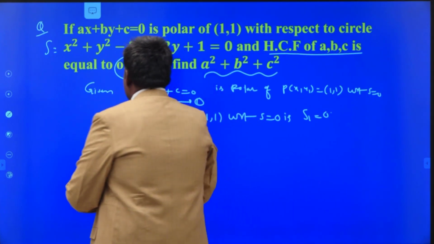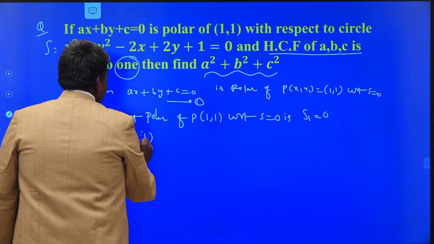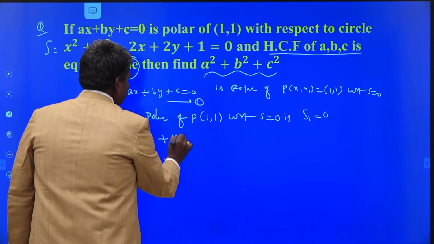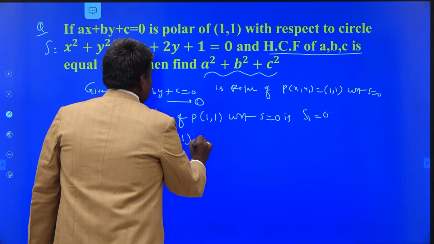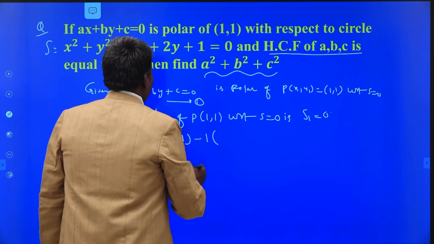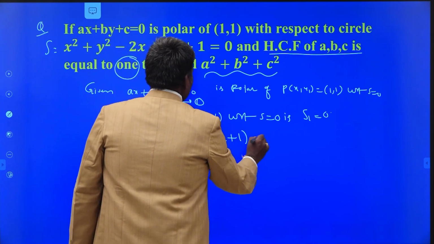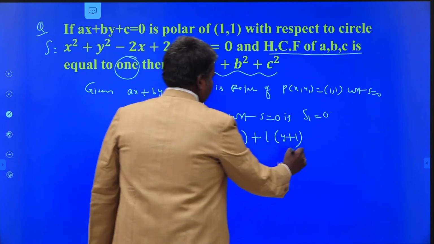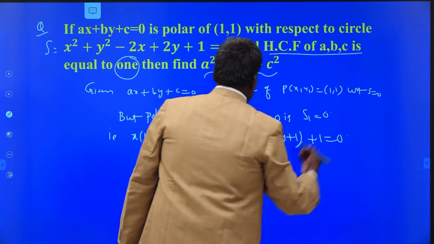Yes. x into 1 plus y into 1 minus g, that is 1 times (x plus 1), plus 1 times (y plus 1), plus c, that is 1, equal to 0.